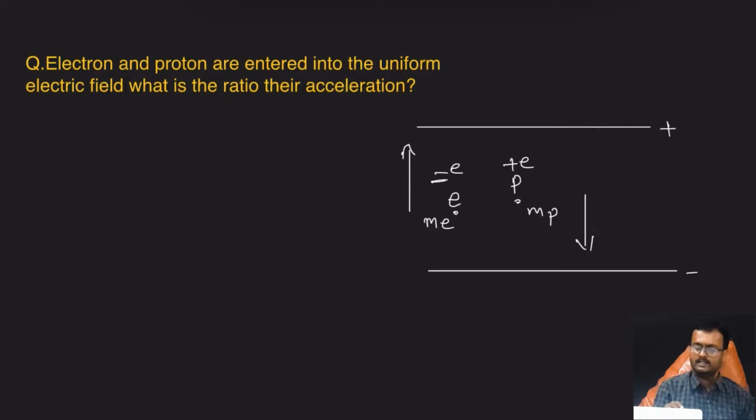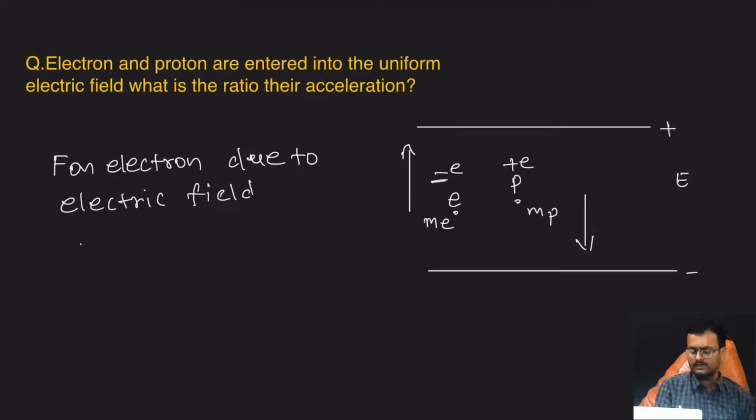The electric field here, suppose it is E. So force on electron due to electric field is F equal to Eq. Charge of electron is minus e. Here minus is the direction, so it is not considered here.